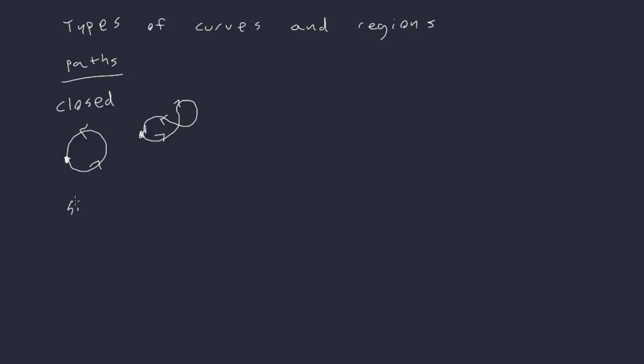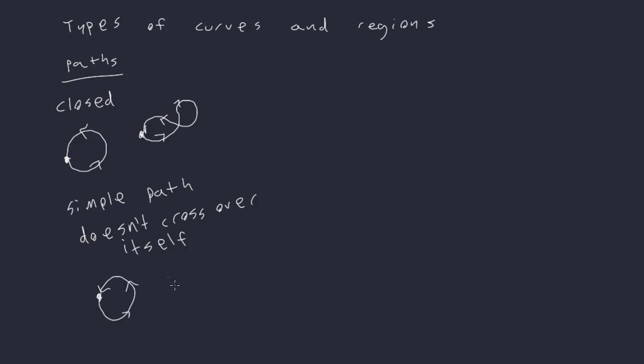A simple path doesn't cross over itself. So this path here would be simple and closed. This path here would just be simple but not closed.